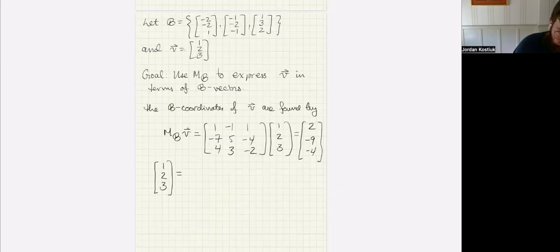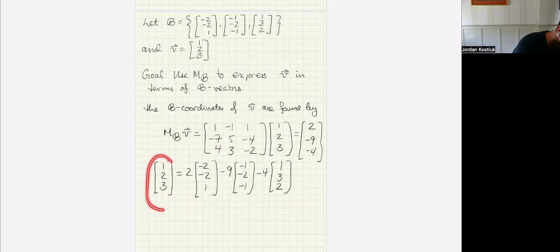As a sanity check, what those coordinates mean is 2 times the first vector, minus 9 times the second vector, minus 4 times the last vector. Both sides of this equation represent the vector v. This is v described in terms of standard coordinates, and here's a different description for it if we decided that we wanted to use B coordinates.